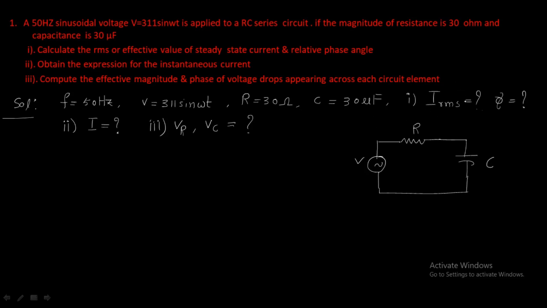First, the current flowing through the circuit is asked, but before that we have to find the impedance. Given is 30 microfarad, so the capacitance has a capacitive reactance. The formula for capacitive reactance is XC equal to minus j 1 by omega C, where omega is 2 pi f, with f equal to 50, and C is 30 microfarad.